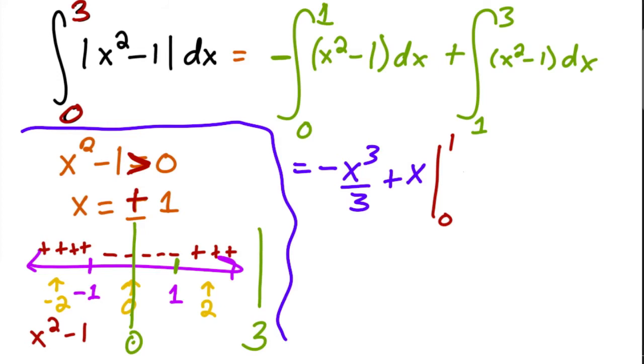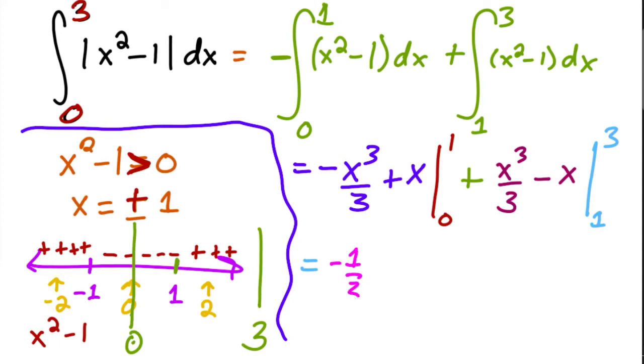And then plus, fundamental theorem again, x cubed over 3 minus x this time, evaluated from 1 to 3. And so then if I plug in 1, I would get negative 1/3 plus 1, and then minus 0. So that's this first one right here.